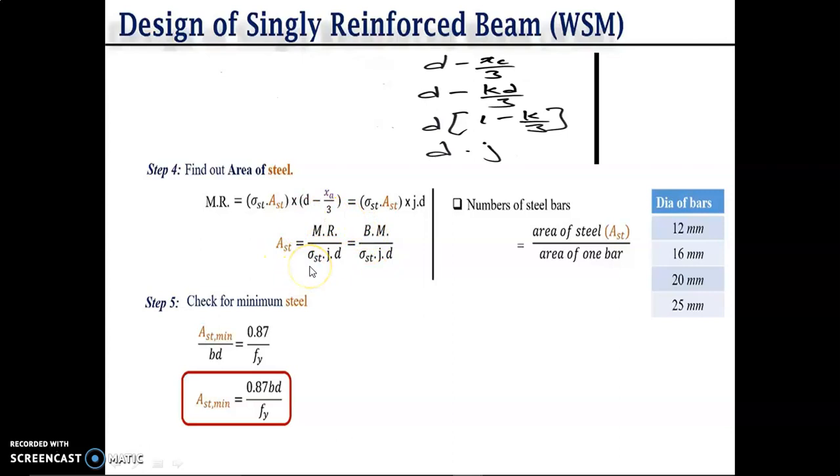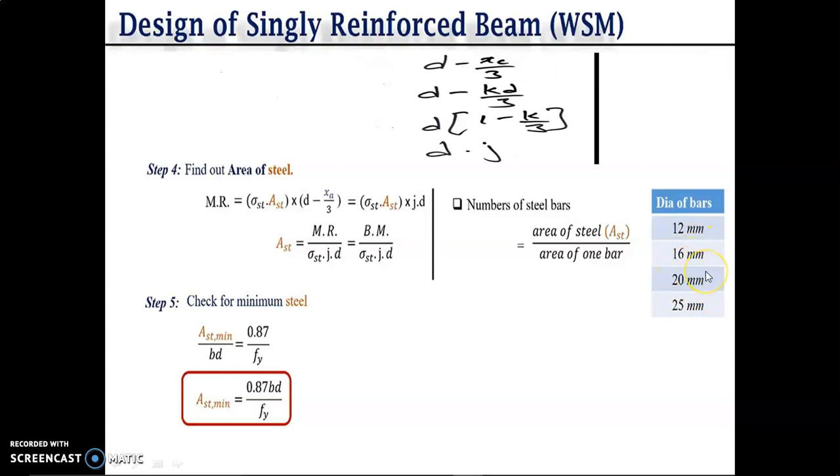Now we have the area of steel, but we provide reinforcement in bar form, so we have to find the number of bars, how many bars we have to provide. For that we have to know the dimension of the bar. If you want to provide a 12 mm bar, 16 mm bar or 20 mm bar, it depends on you.